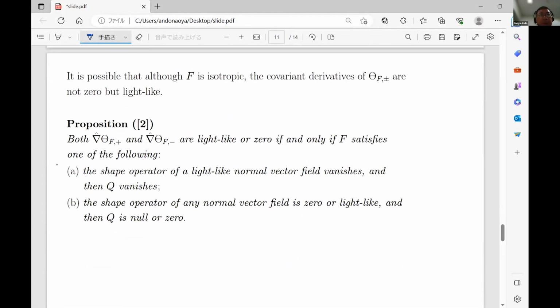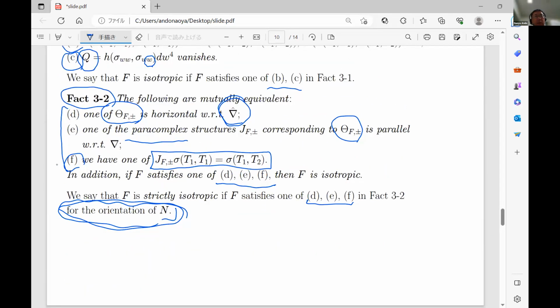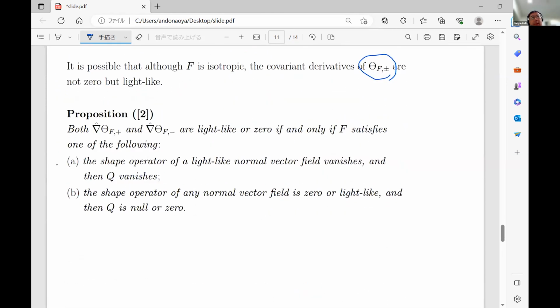It is possible that although F is isotropic, the covariant derivatives of the time-like twistor lifts are not zero, but light-like. So there is a gap between the isotropicity and the strict isotropicity, although we choose the orientation of N. We have this proposition.